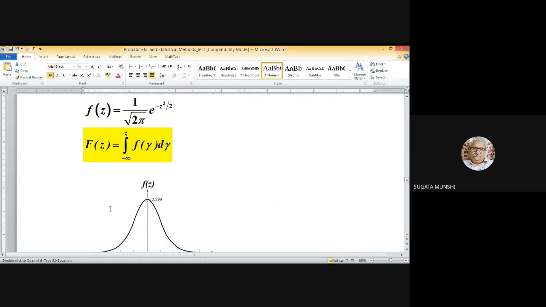So this is small fz. Now it's centered around z equal to 0. It's an even function. So in this case, for the standard Gaussian random variable z, all odd ordered moments and odd ordered central moments will have 0 values because it's an even function of z.